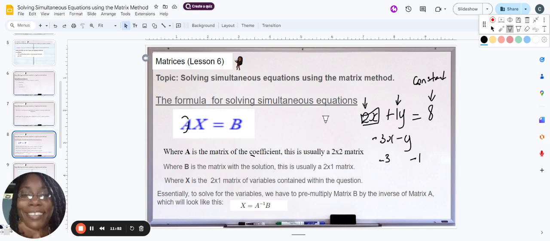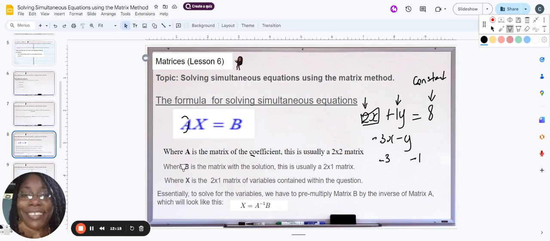So we're saying when we create matrices from our simultaneous equations, we are going to get one of the matrices to be a 2 by 2 matrix, and we use A to represent that. Another matrix will be represented by B, and this matrix will be the solutions, the answers. This matrix will usually be a 2 by 1 matrix.